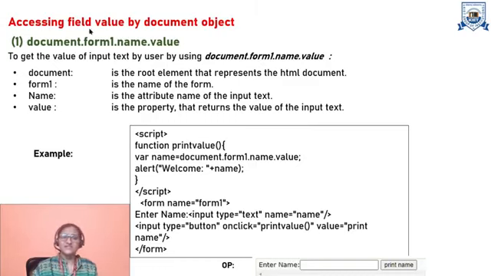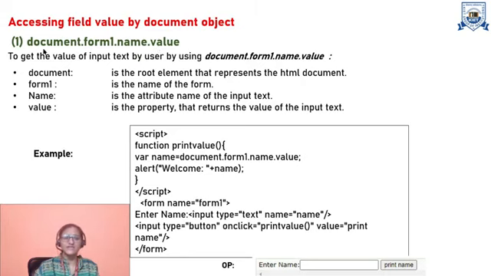Now, how to access the field value by the document object? With the help of this complete syntax, we can access any element's value. Document dot form dot, then any element of the form. Every element has a name, and with the help of that name, we can access its value.